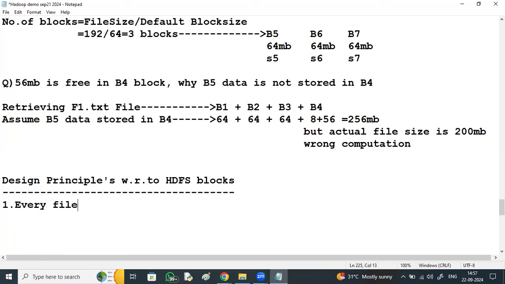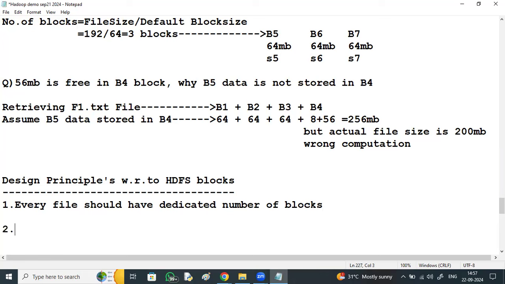Every file should have a dedicated number of blocks. Every file should have its own number of blocks.